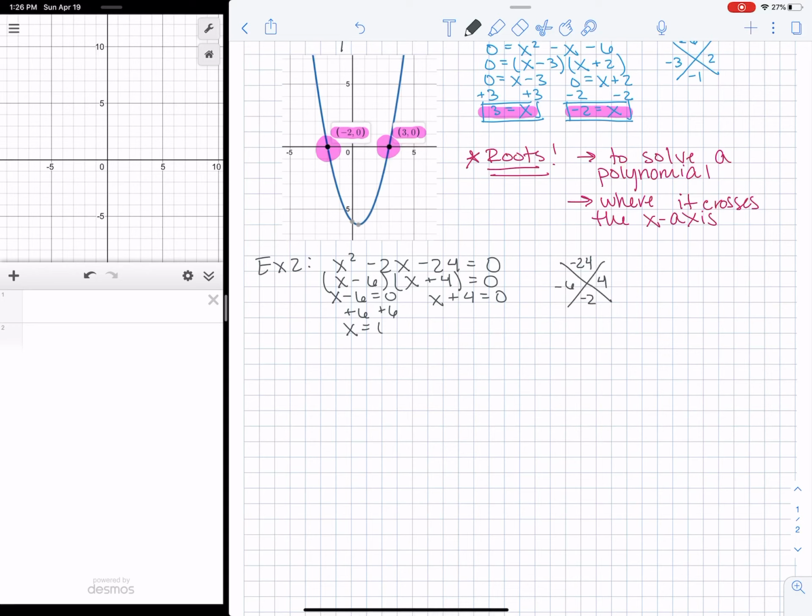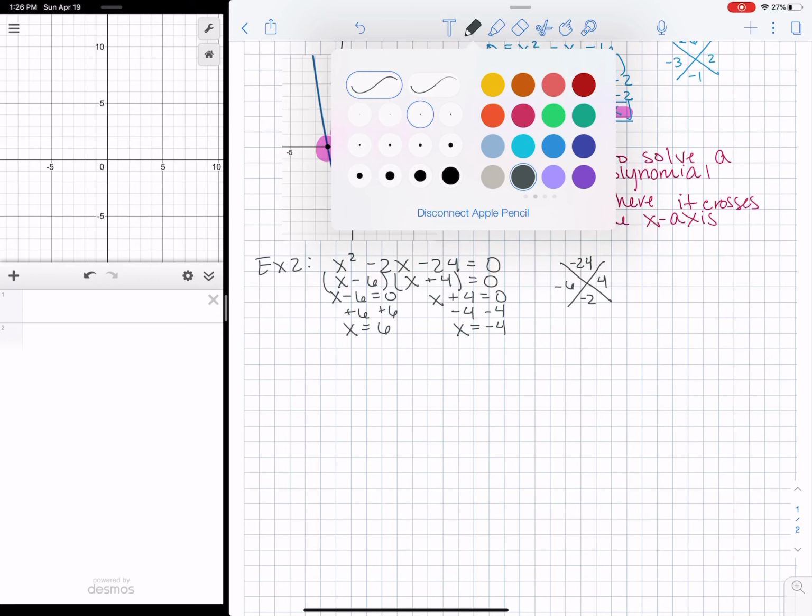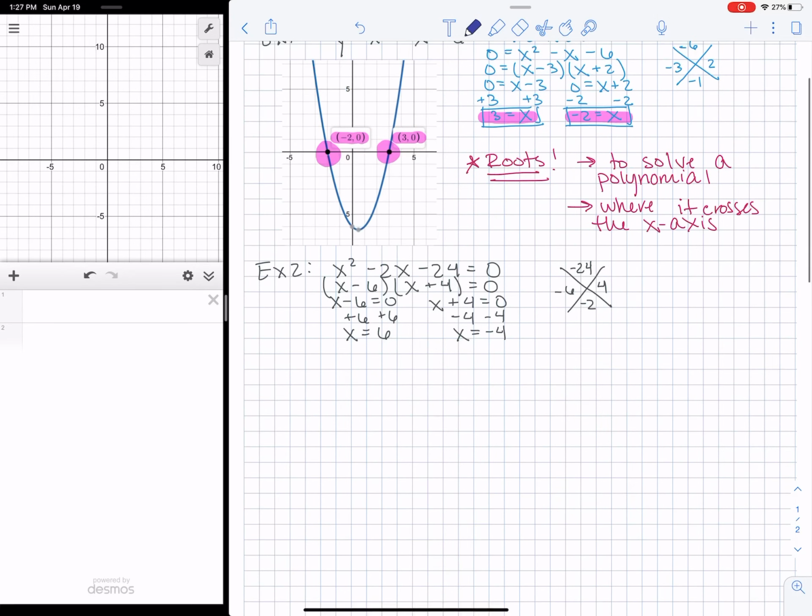So x is equal to 6 and x is equal to -4. Now, here's the thing that I want to check out. My roots, so 6 and negative 4. However, I'm going to say that this would cross the x-axis at 6, 0 and negative 4, 0.